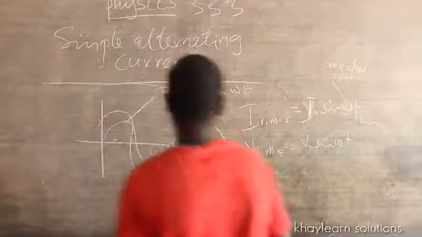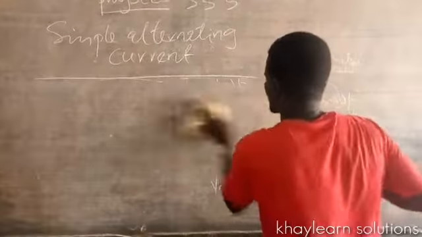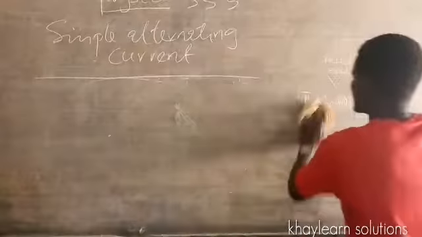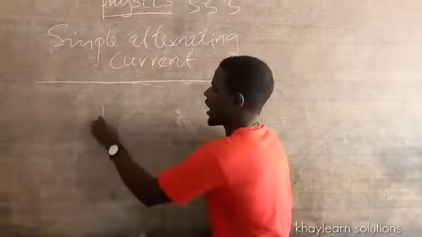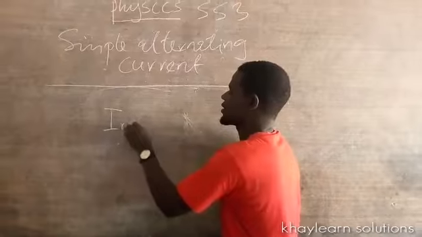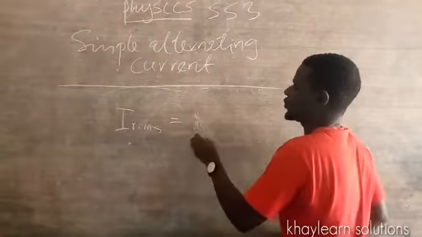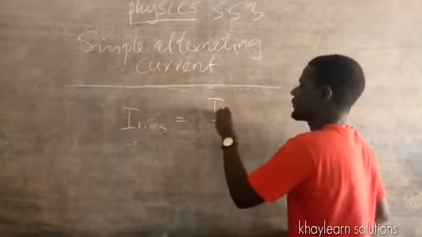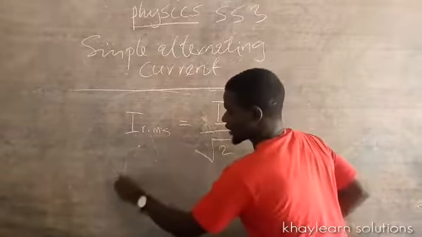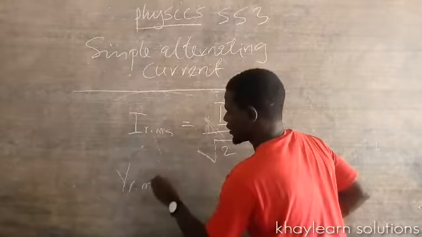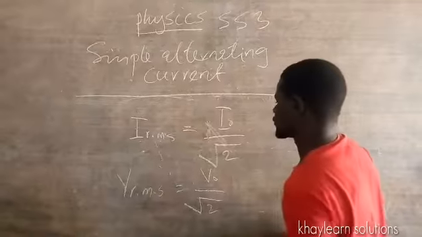So what we have now are the numerical values of the root mean square value of the current. I RMS, which is root mean square, equals I peak divided by root 2. Also, the potential difference as a root mean square value equals V naught over root 2.